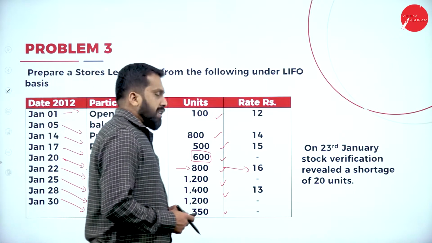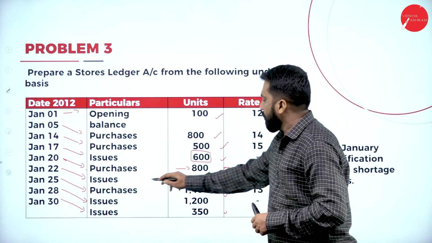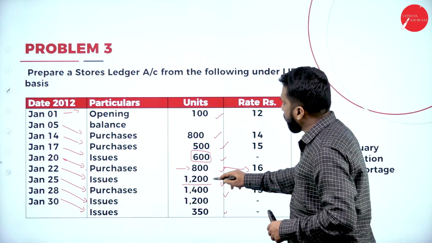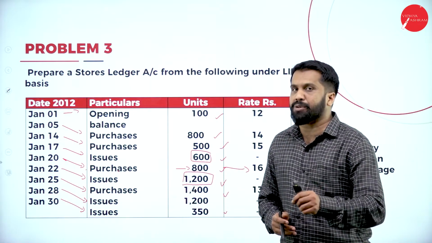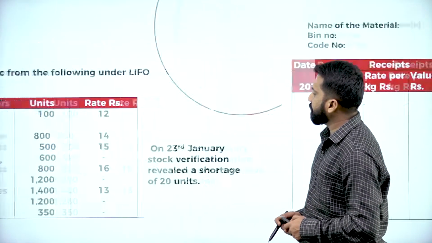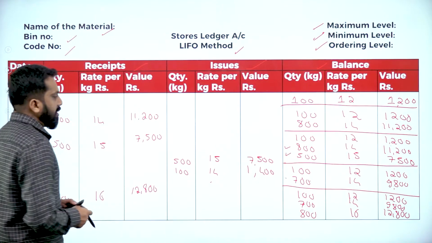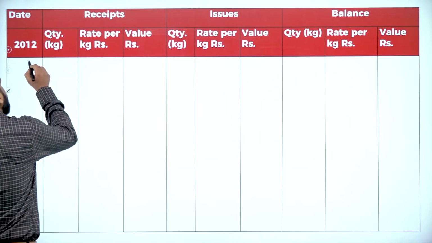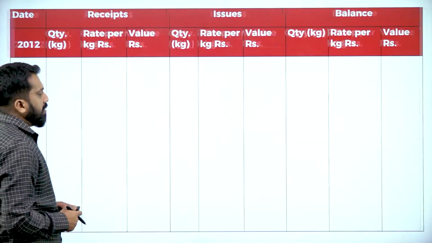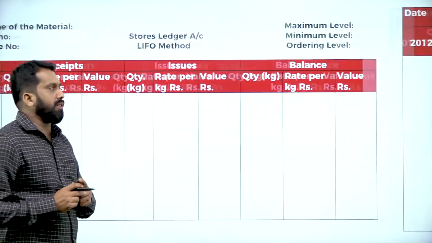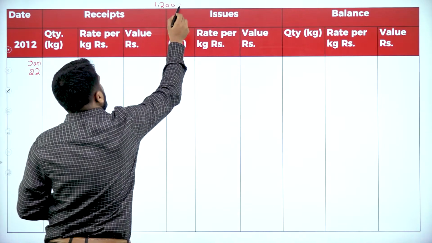January 22nd. What happened? There is an issue of 1,200 units. Out of 1,200 we need 1,200.